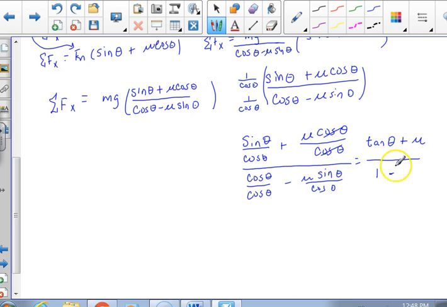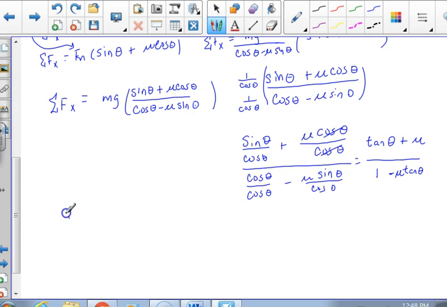Sine theta over cosine theta is tangent theta, so mu tangent theta. I said this last step isn't entirely necessary, but it actually produces an equation that you would normally see in most textbooks by going through this extra step.